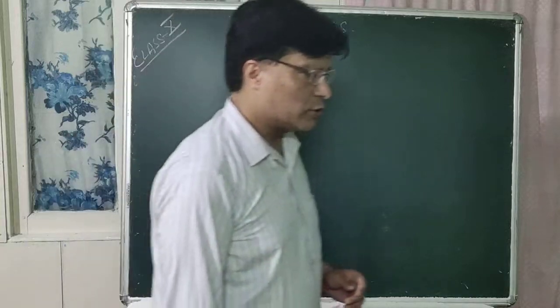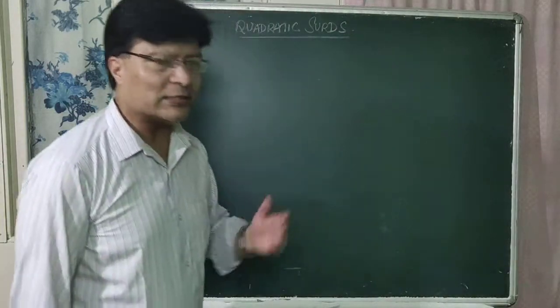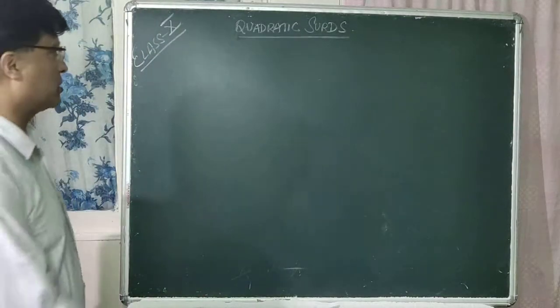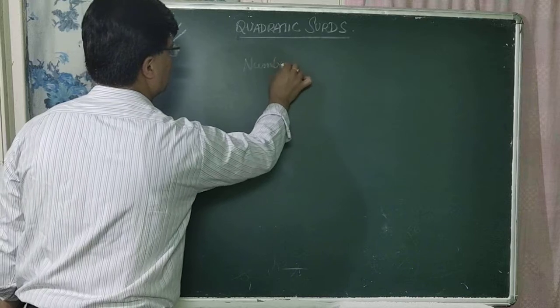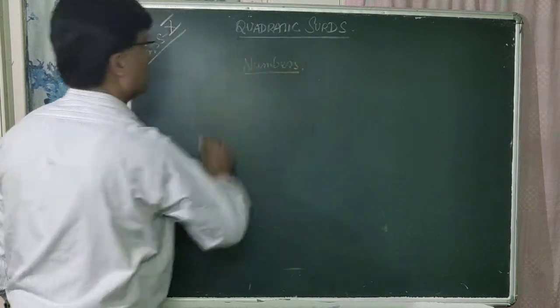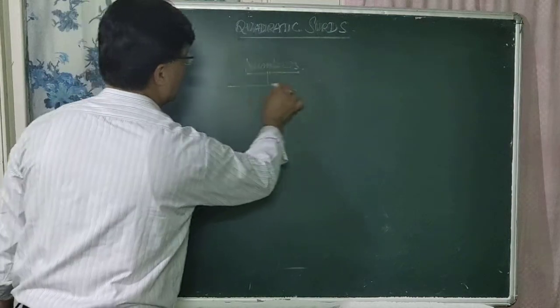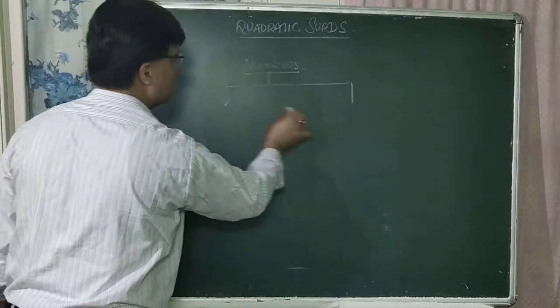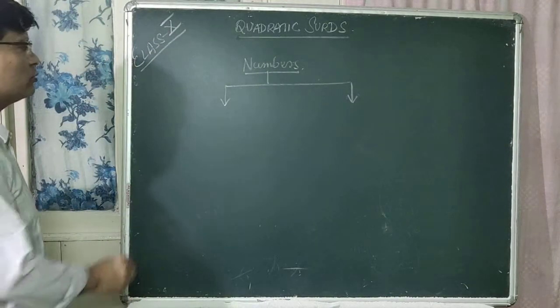Okay. So before I explain to you about quadratic surds, let us discuss numbers, right? So actually there are two types of numbers. The numbers are divided into two parts.